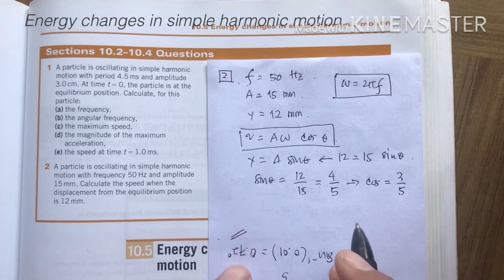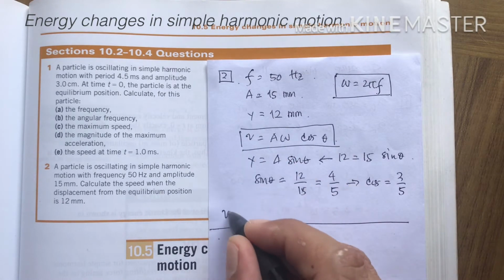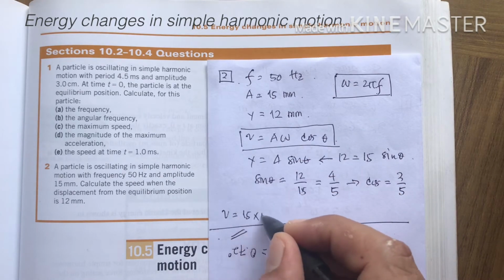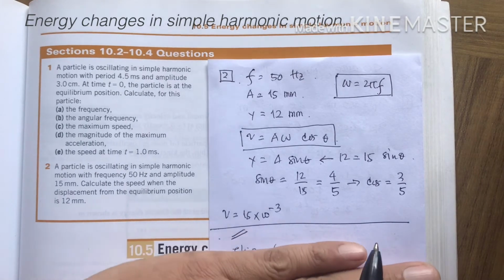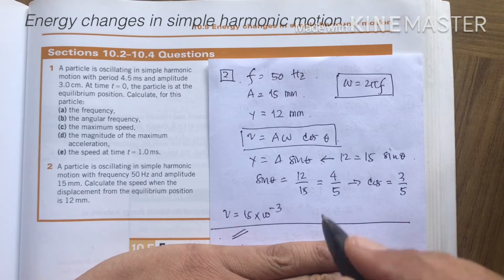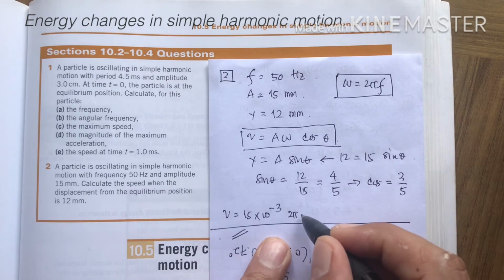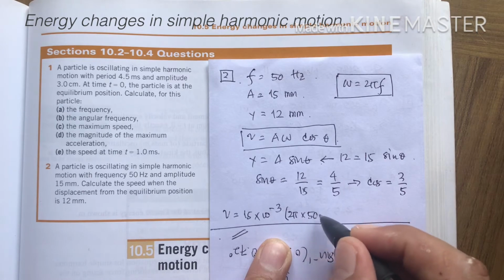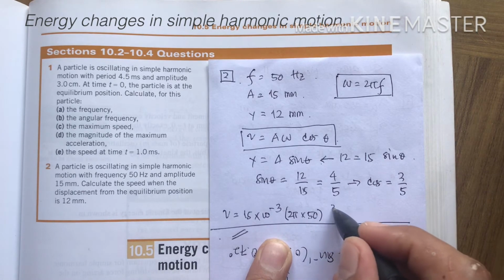Now we bring this into the formula. A is 15 millimeter, we change into meter, and 2 pi f, with frequency 50, and cos theta is 3 divided by 5.